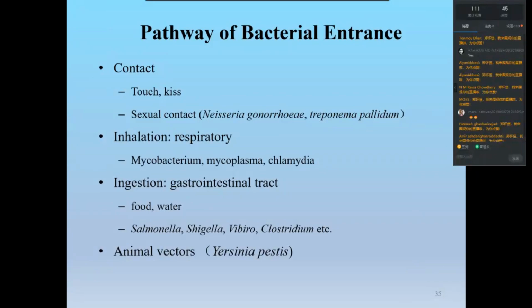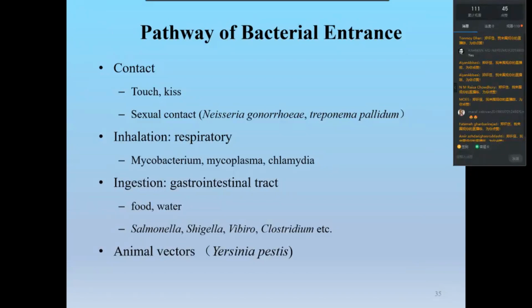Different bacteria enter the host in different ways. Some can infect our body through direct contact, like touches, kisses, which can transmit bacteria from one person to another. And some of them are through sexual contact, and some are bacterial STD diseases, like gonorrhea, which can be transmitted through sexual contact.